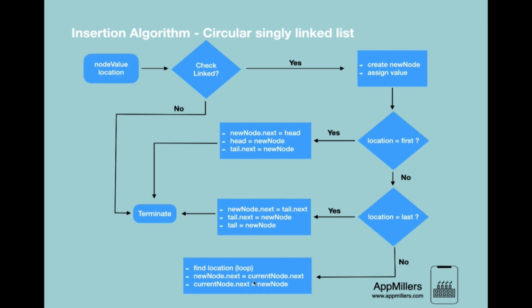With this we are inserting new node between current node and next node. So after performing this operation over here, we are terminating our algorithm, because with this we are completing an insertion of a new node in the middle of circular single linked list. So with this our insertion algorithm is completed. So here we have combined 3 different insertion cases in one algorithm. Now in the next lecture, let's use this algorithm to create an insertion method for a circular single linked list. See you there.